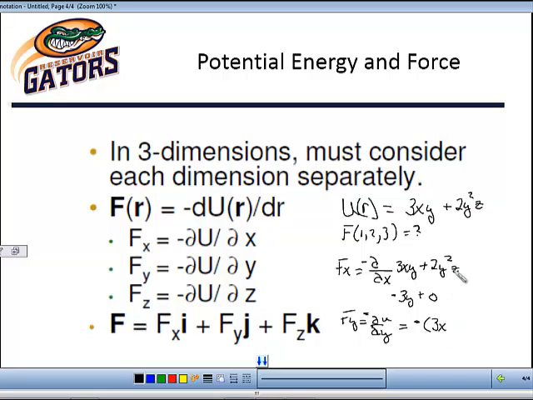Now, z is a constant, so we have 2z times the derivative of y squared. Well, that's 2y. So we have 2 times 2 times yz. So that would be plus 4yz. Okay, and then doing the z direction.